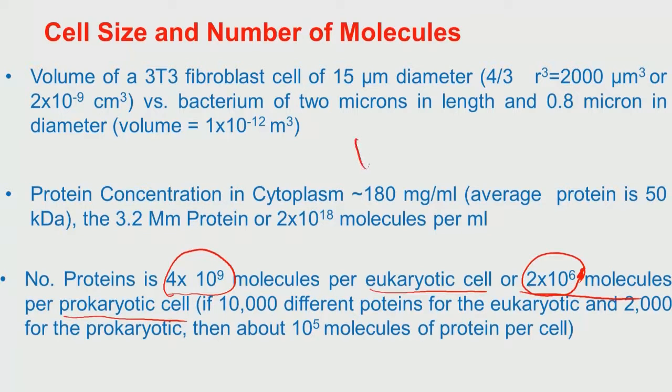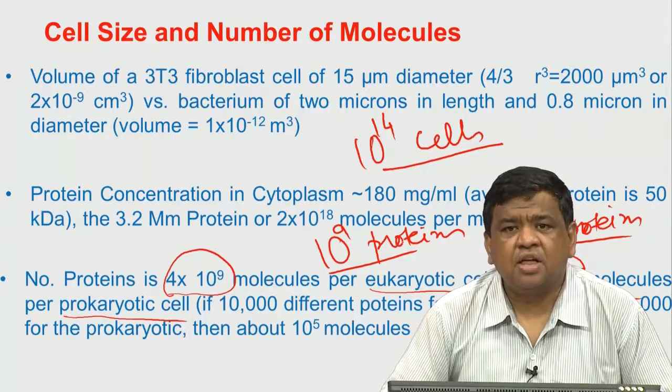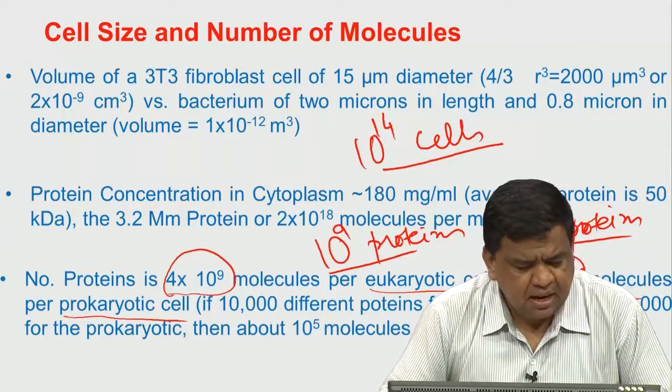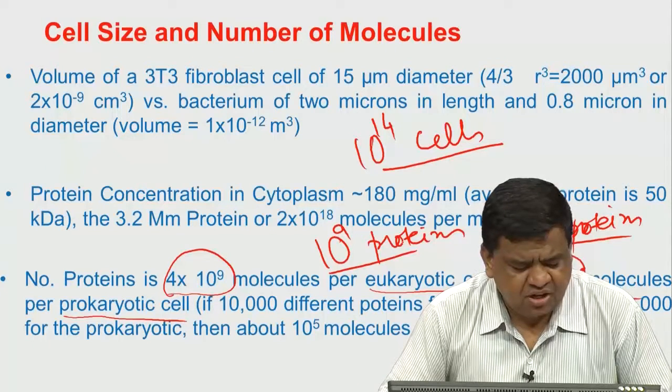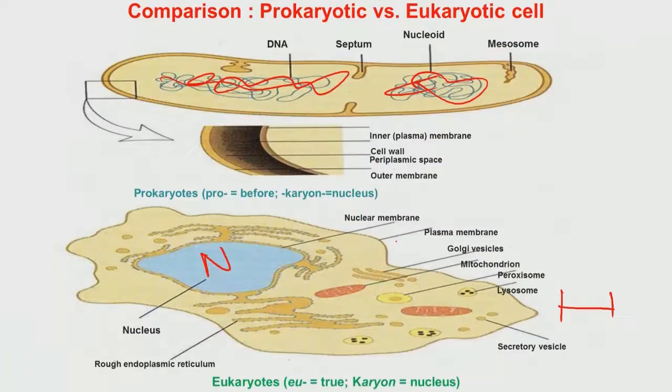So, I repeat, you have 10 to the power 14 cells, typically eukaryotic cells, and in terms of proteins you have 10 to the power 9 proteins in eukaryotic cells, whereas around 10 to the power 6 proteins in prokaryotic cells. Some idea about the order of magnitude of these numbers is important, so that one can rationalize, once a cell is placed in a culture medium with proteins and so on, how these proteins play an important role or mediate the cell material interaction.